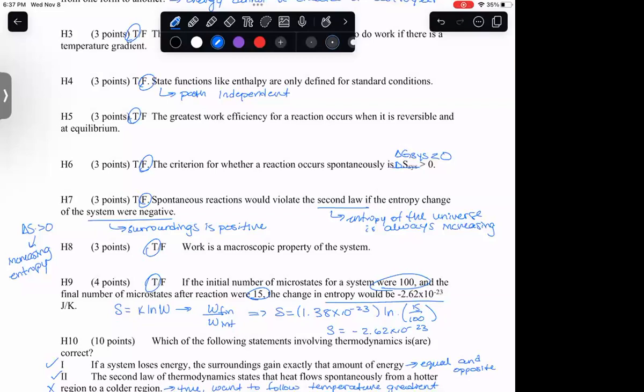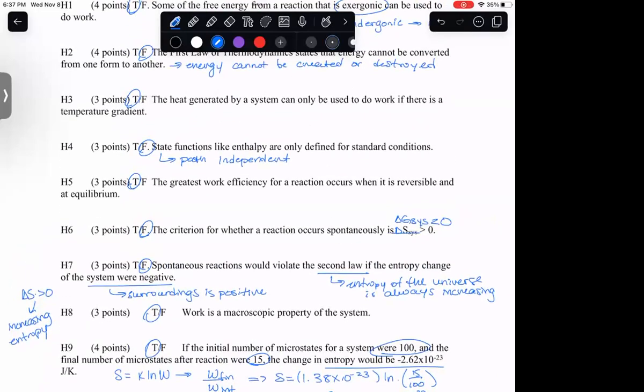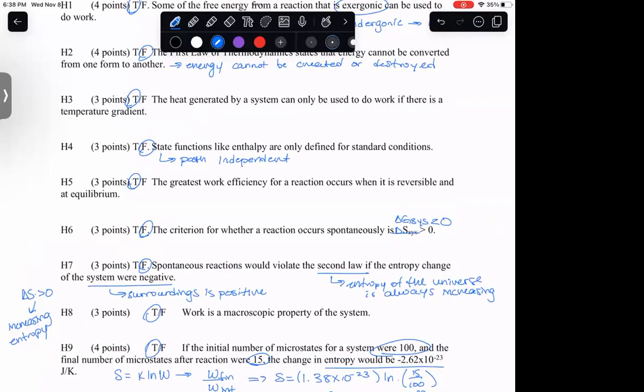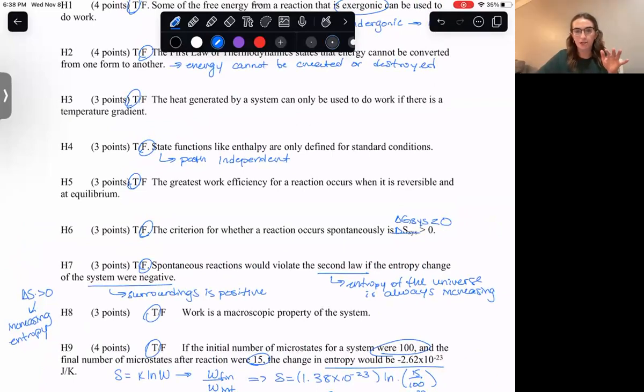Perfect. Then for number 3, it says the heat generated by a system can only be used to do work if there's a temperature gradient. Yep. Because you're moving from temperature to temperature, it's doing some sort of work. If both my hands are at the same temperature right now and I put them together, nothing is going to transfer because they're at equilibrium.